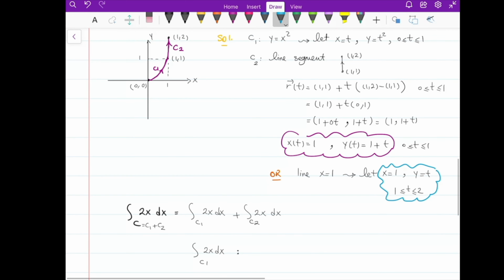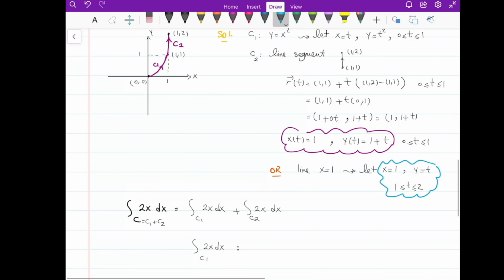The parameterization for C1 was t and t squared, t between 0 and 1. So the integral would be equal to what? 2, and instead of x I need to put the parameterization for x, which is t, and then ds. I'm sorry, that's my mistake. It's with respect to arc length, ds.